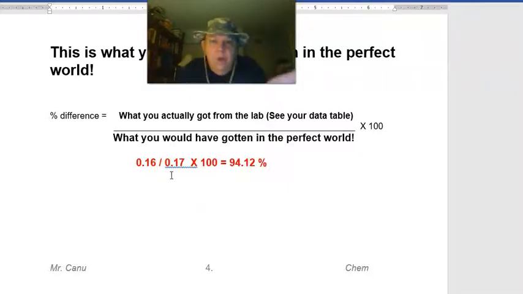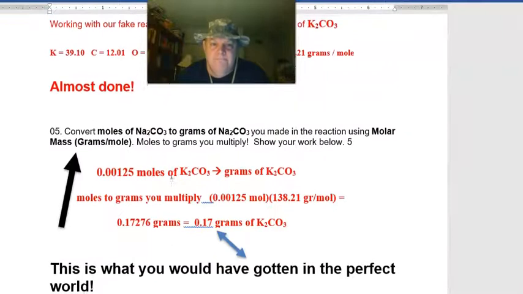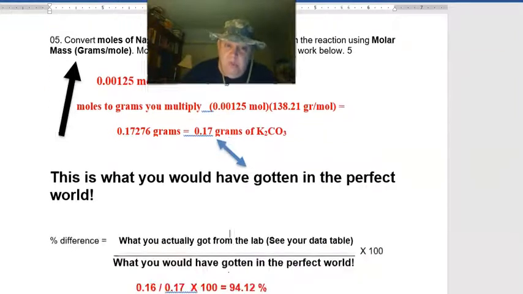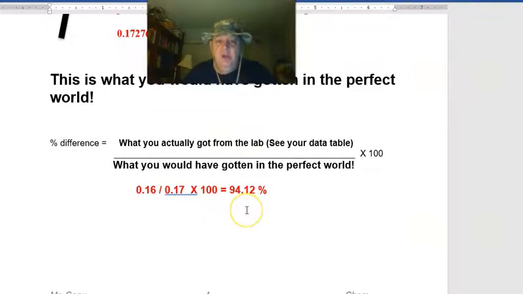Wait. Where did that 0.17 come from? Right here. So you have your actual yield of 0.16 and you're dividing it by your theoretical yield of 0.17 times 100, and that gives you a 94.12% theoretical percent yield. Whew.